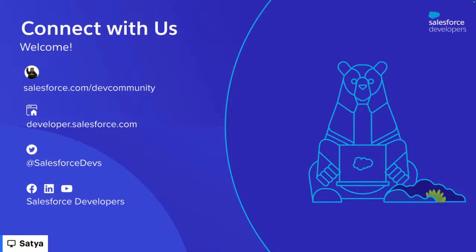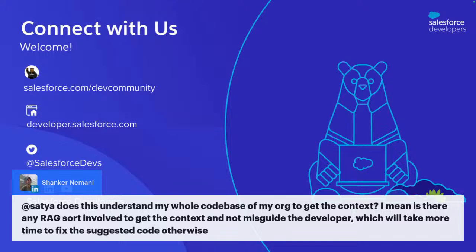Okay, there is one question from Shankar, I don't know if it is already answered, but it says, does this understand my whole code base of my org to get the context? Yes, it understands your code base. Once you create an SFDX project and check out the code, whatever is there in your development environment, it has that context, so it can refer to that code base.